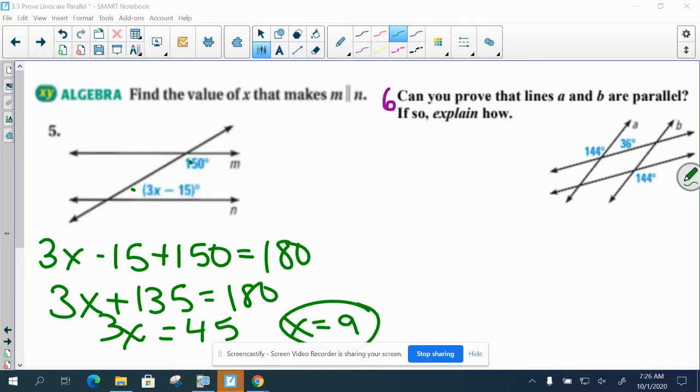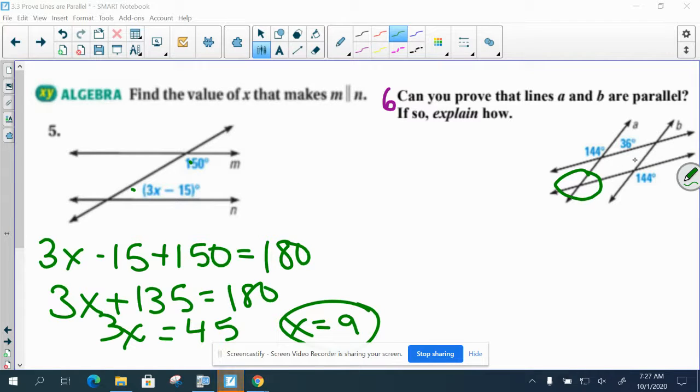On this one, can you prove that lines A and B are parallel? Why or why not? If so, explain. Well, this is 144 and this is 36. We don't know any angles over here. Since we don't know that any of these lines are parallel, we can't say anything about these angles here in relation to 144 and 36.